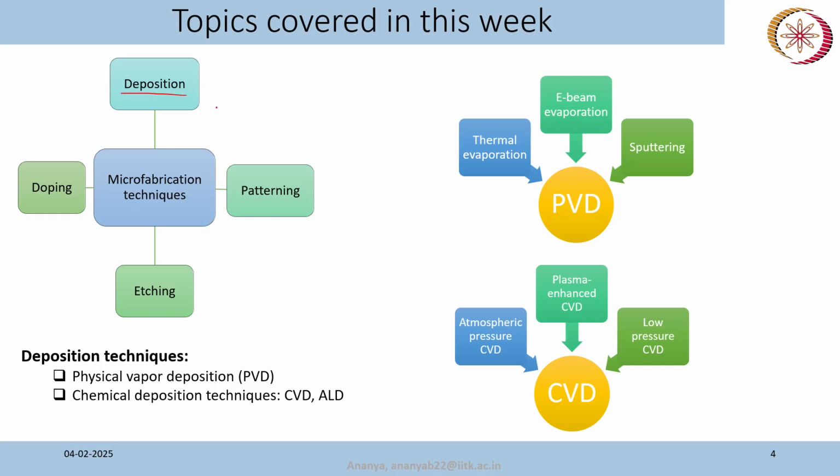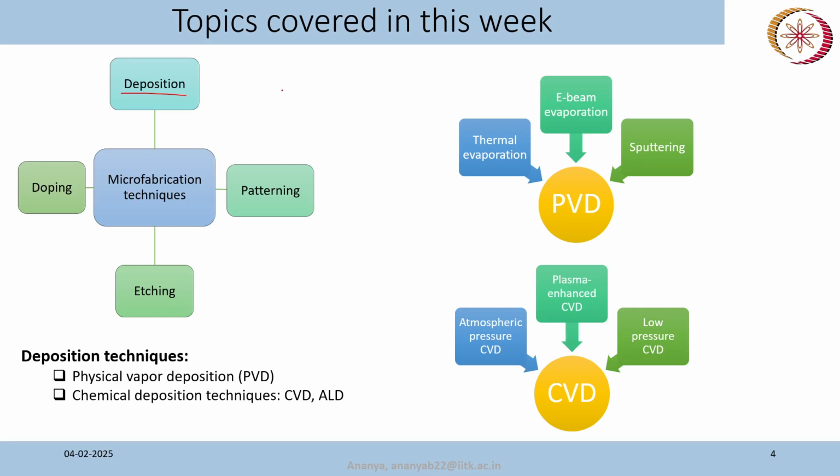So you want to make a thin layer of your sensing film, say, then you deposit it. There are different types of deposition techniques to deposit a thin film. I will discuss it briefly this week, and maybe in later weeks if required.